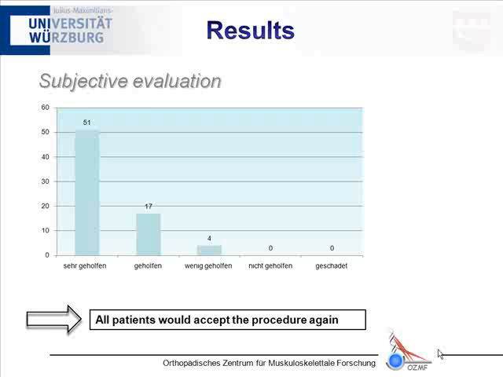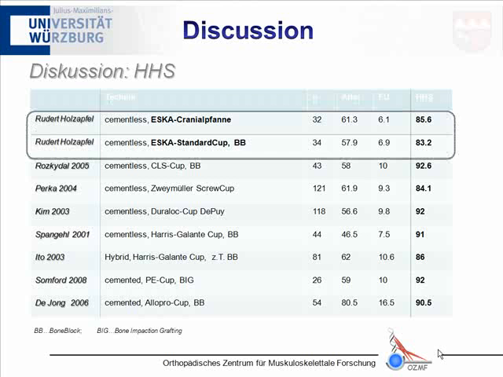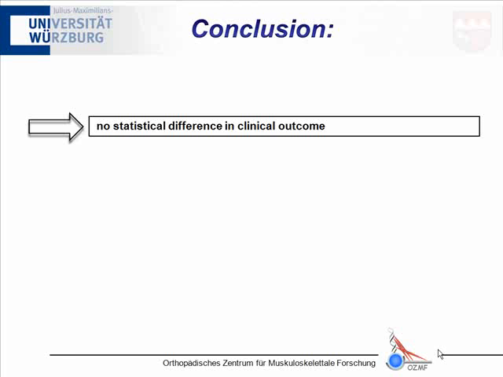So comparing the results in the literature with our results that we had in both groups, we have similar rates of HHS scores. And in conclusion, there's no statistical difference between the clinical outcome of both groups, so we can use both procedures safely.